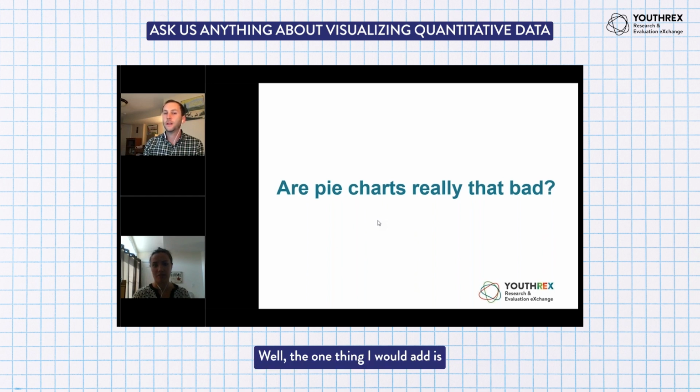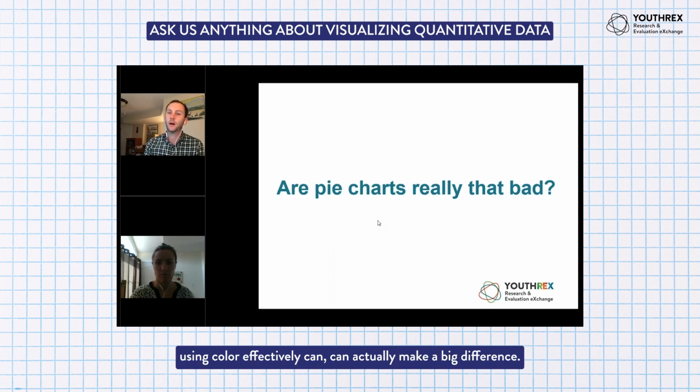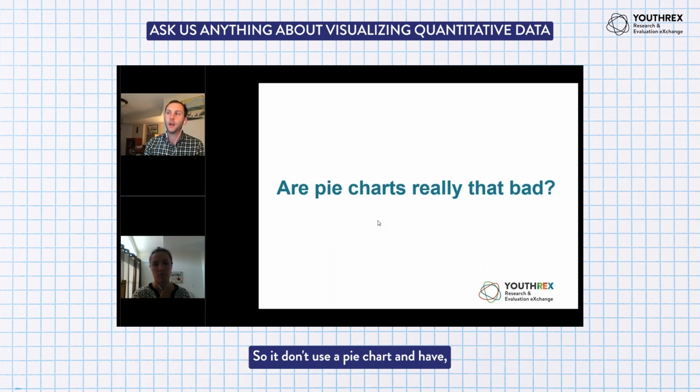Well, the one thing I would add is if you are going to use a pie chart in the case that we talked about, where you have a small number of slices, using color effectively can actually make a big difference. So don't use a pie chart and have 10 different colors.